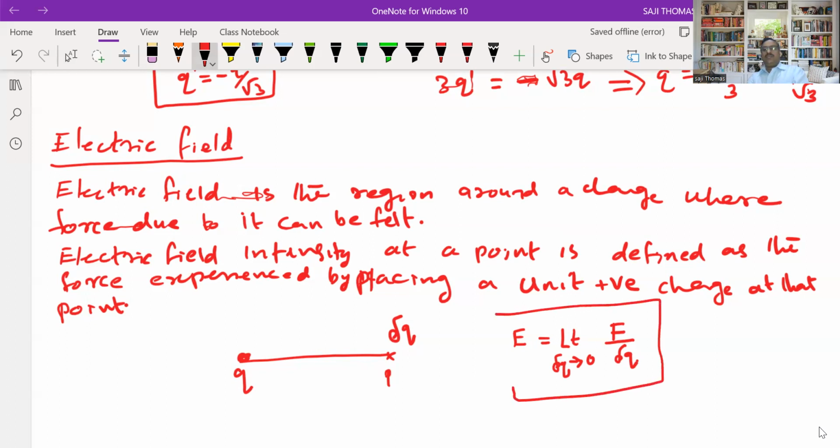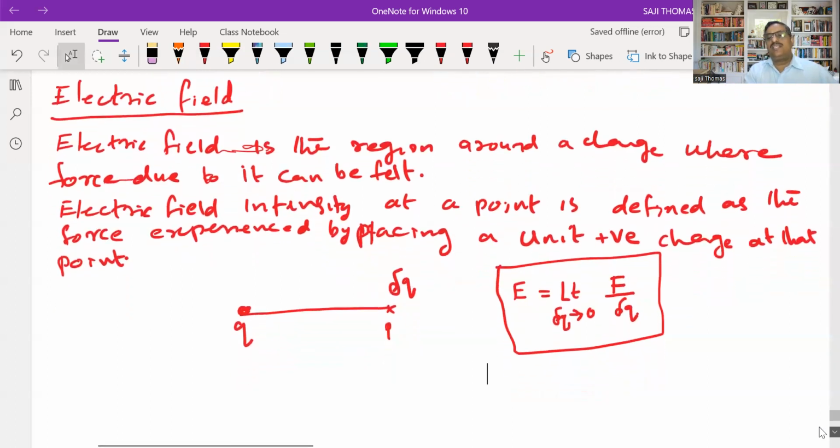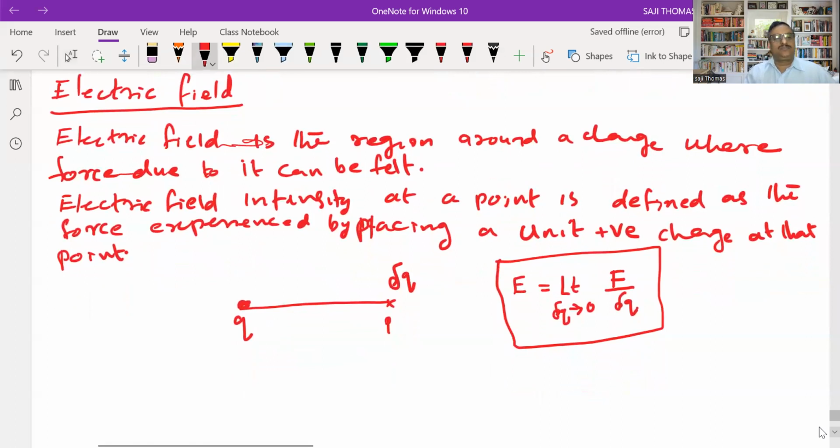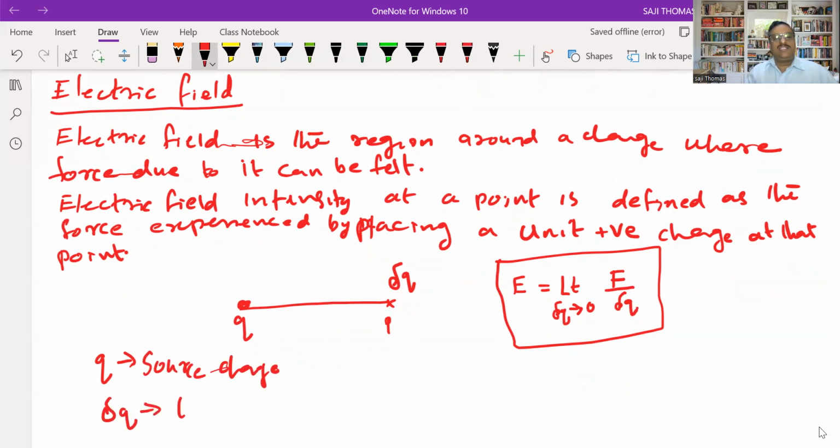Limit delta Q tends to zero, F by delta Q. Here Q is called a source charge. Delta Q is called a test charge. Q is the source charge, we are finding the field of Q. Delta Q, test charge.